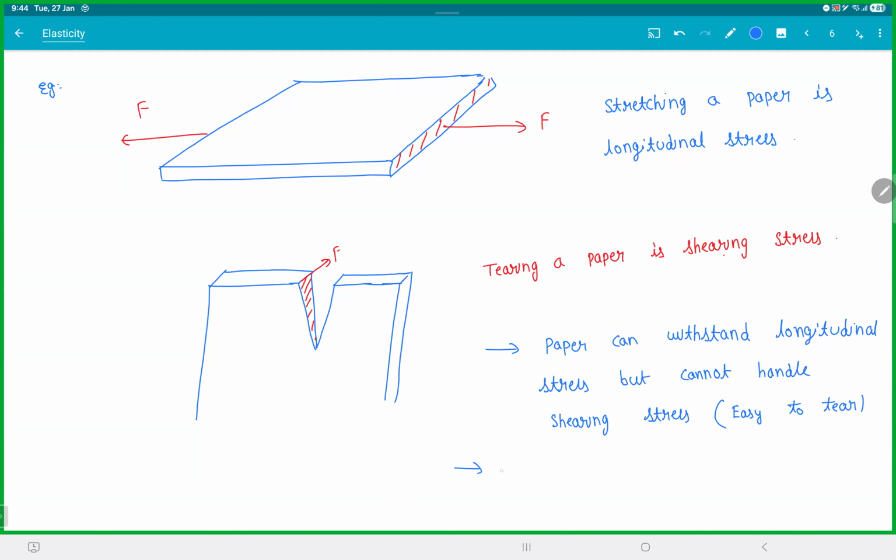So what does the plastic do? Plastic is easy to stretch. You can stretch it, but it is difficult to tear. So that means plastic cannot withstand longitudinal stress, but it can withstand shearing stress. So the materials will have different natures there.